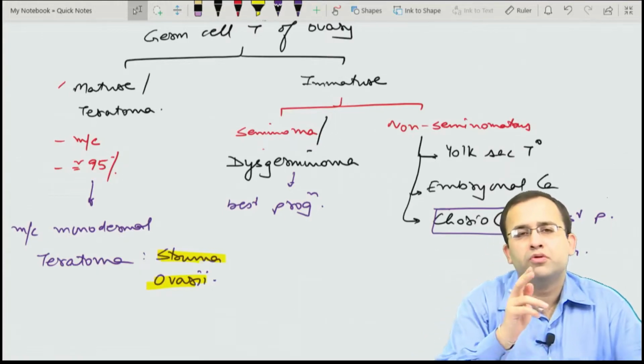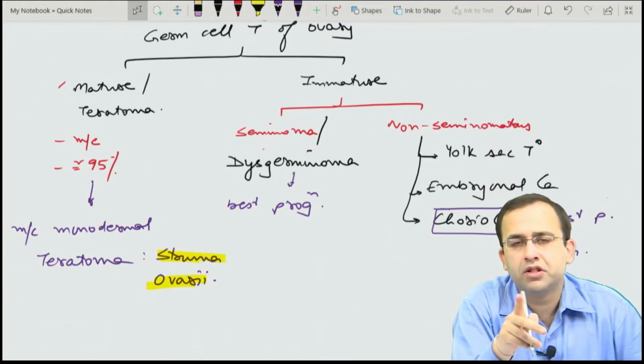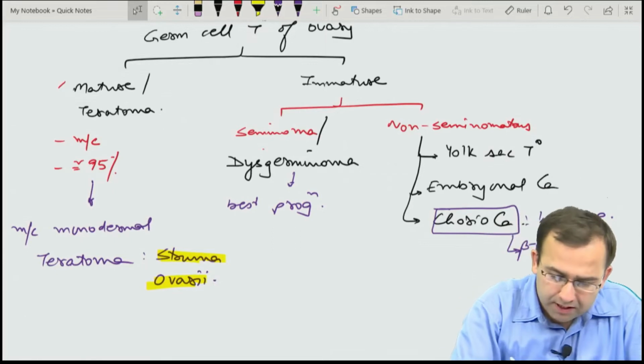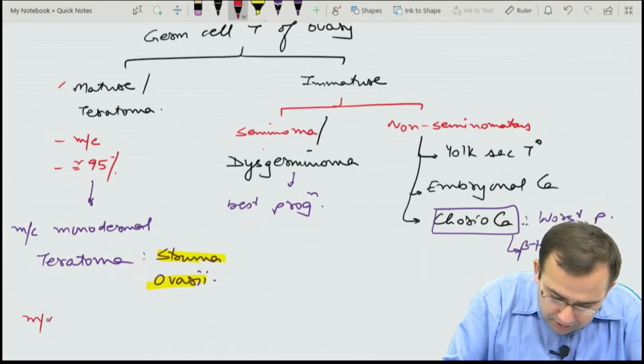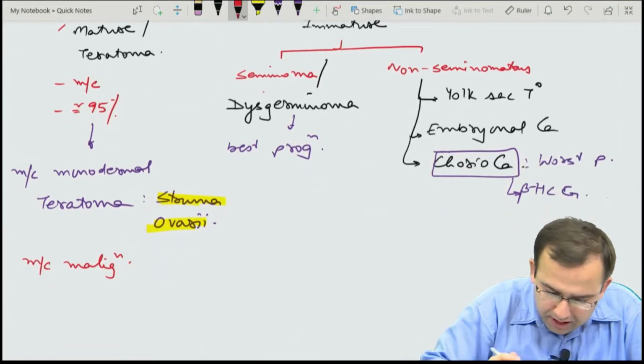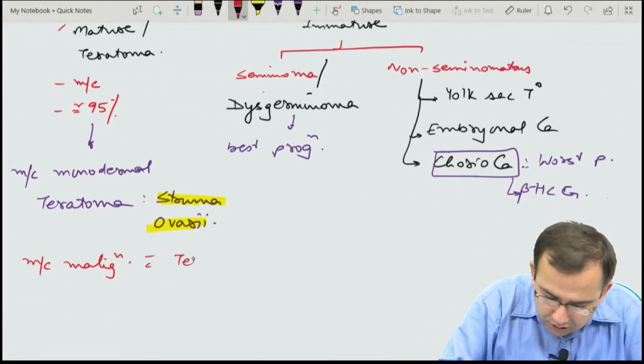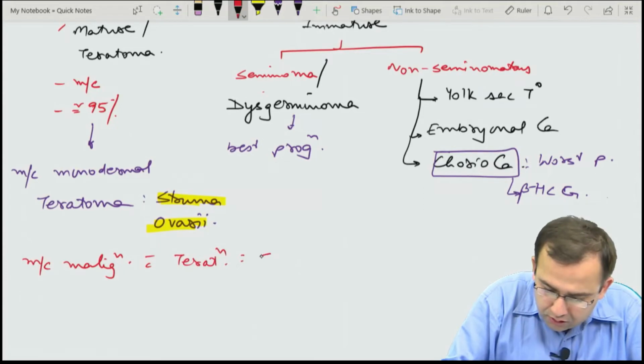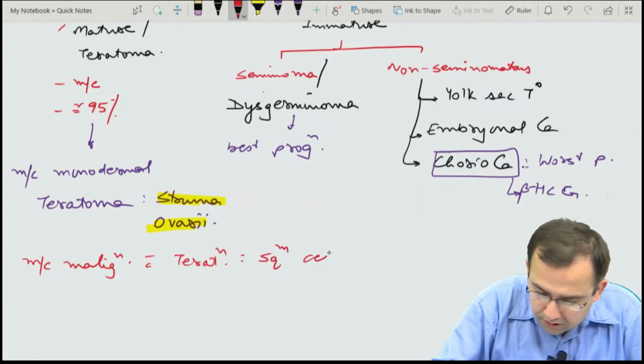Most common malignancy associated with teratomas is squamous cell carcinoma.